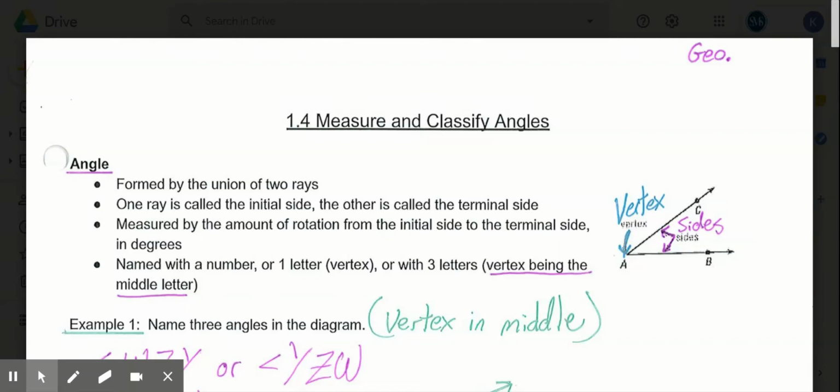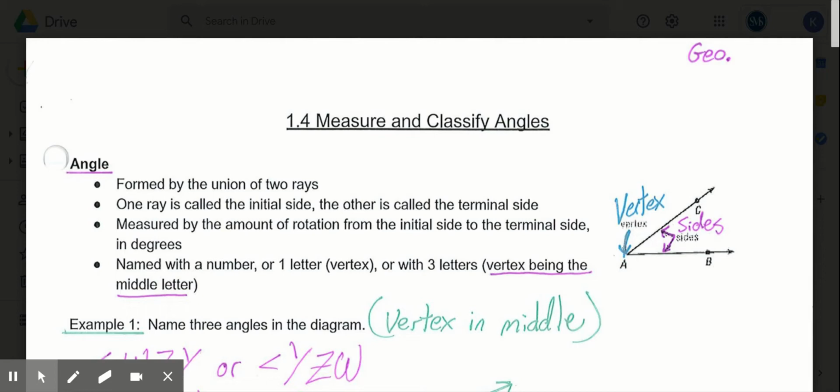Welcome to Lesson 1.4, Measure and Classify Angles. So the first thing that we need to do to measure and classify angles is to be able to define an angle. Our geometric definition of an angle is that it is formed by the union of two rays.